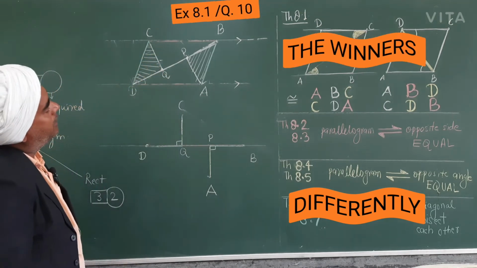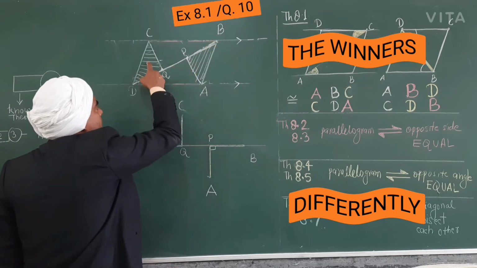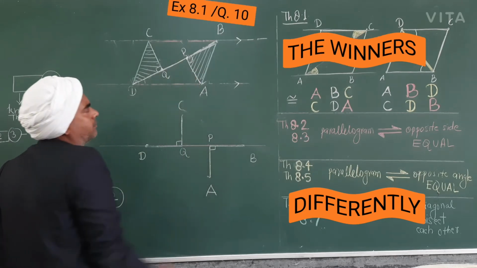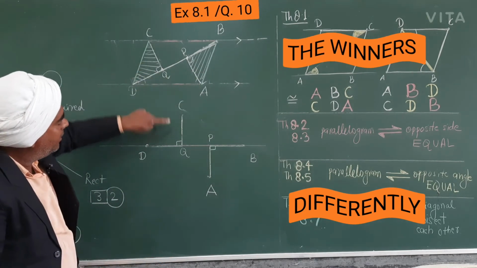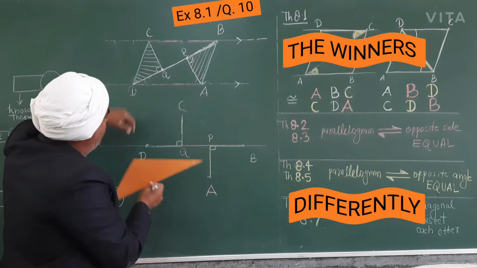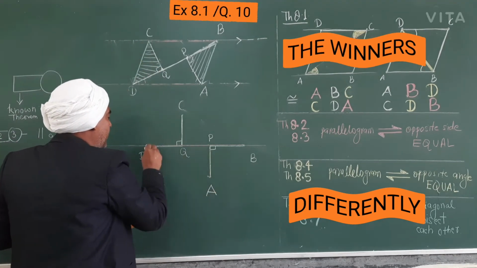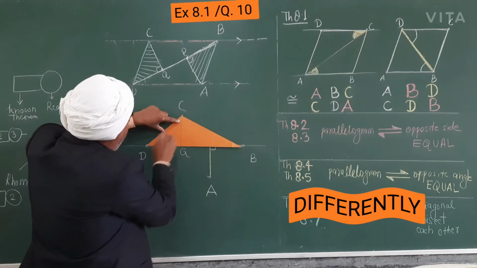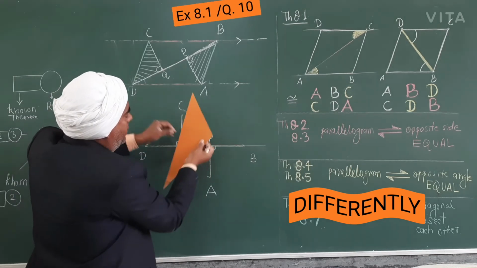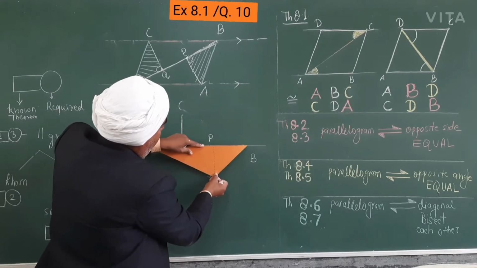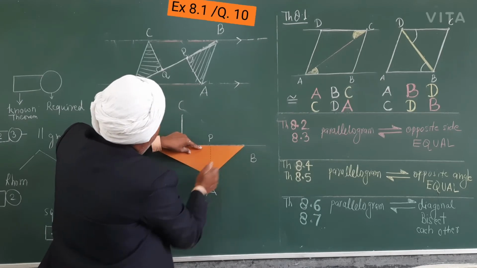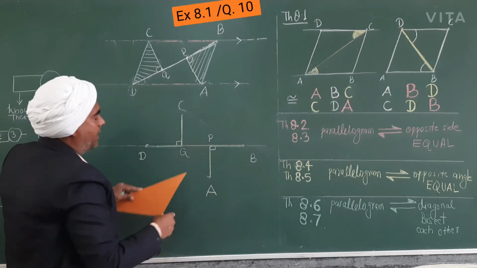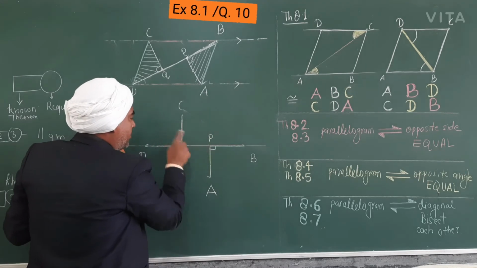Actually, the diagonal gives two triangles: this right angle triangle and this right angle triangle also. The same thing here, this CQD, this is C, Q and D. This triangle is half of this one, A, B, P. This is equal to this, and this is equal to this.